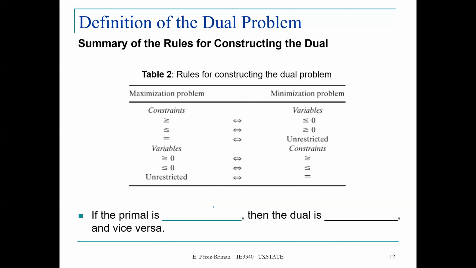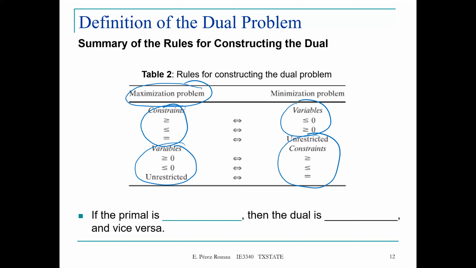These are the summary of the rules. It's a little bit more elaborated if you compare this table with table 1. So from maximization, if you have these constraints, these are how the variables are going to be impacted. And this is how your variables are going to impact the constraint of the other problem.